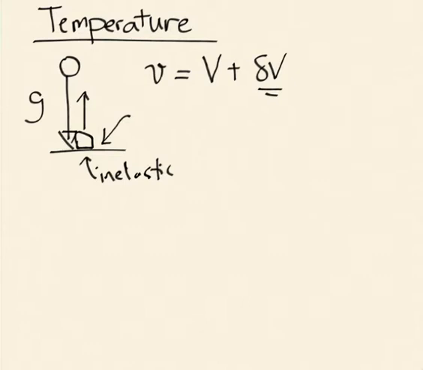Now, on average, if I take all the atoms inside the tennis ball, and I average this over all those atoms, this delta V will average to 0. Okay, so there's no net motion due to this random velocity. It's kind of in all directions and random. So you don't see that show up in the motion of the tennis ball as a whole. Okay, but it does take up energy.